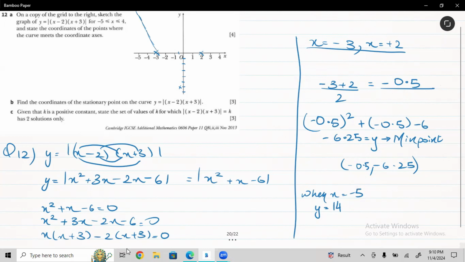So it's going to be something like this. Please do mind my drawing. It's really hard to draw in this way.